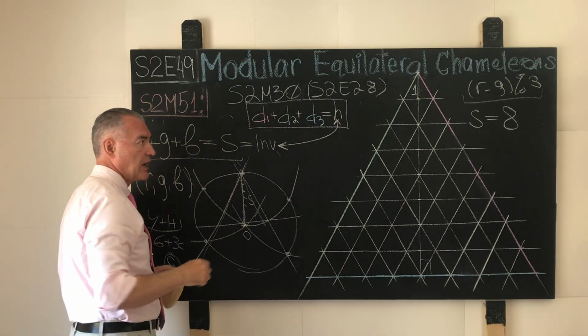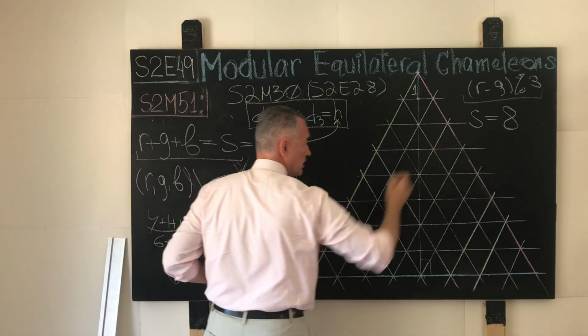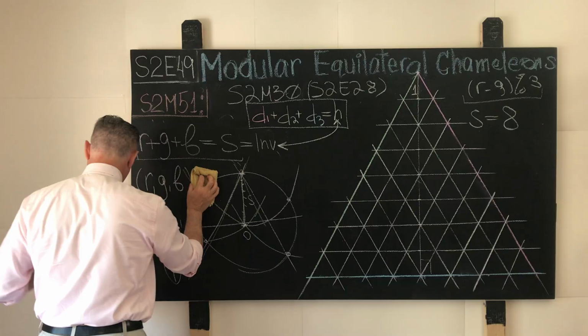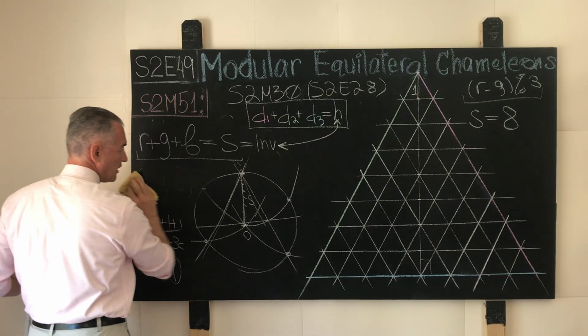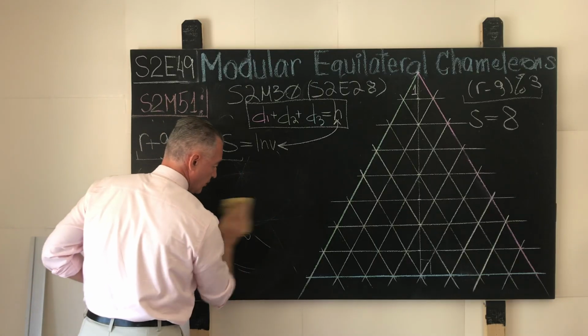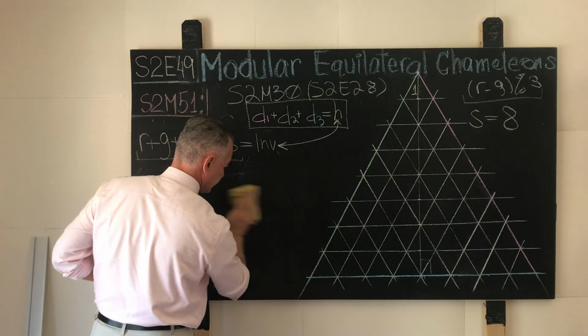Now the question is, how many such smaller equilateral triangles will there be in our system of triangles? Well, the answer is evidently s squared, obviously, to some extent. Why is that?